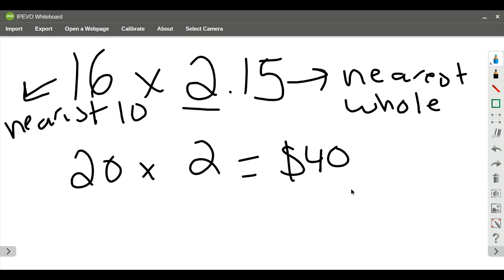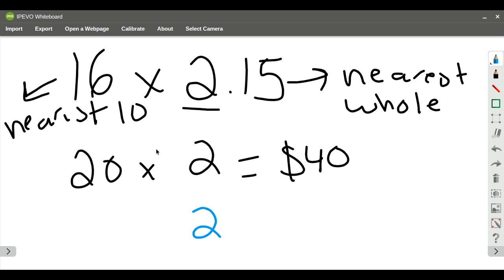When I take a look at it with compatible numbers, I'm going to, again, take $2.15 because I don't know how to multiply decimals at this point in time. So I'm going to take what I know and round this $2.15 to the nearest whole number. So it's going to stay 2. And then 16, I'm going to pick a value that's near 16 that's going to be easy to multiply.